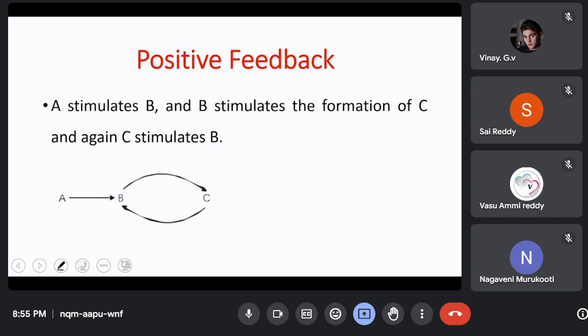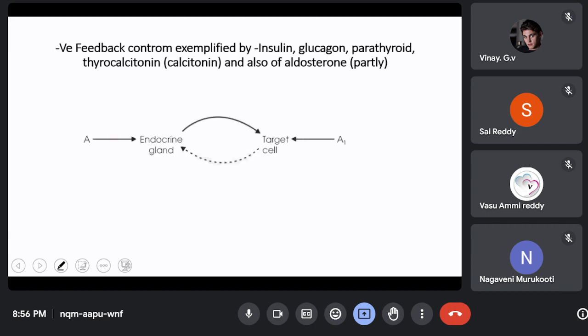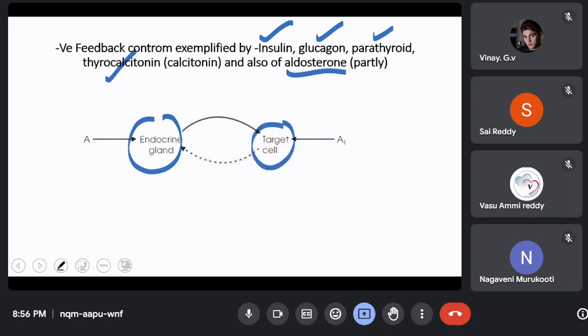Except this, all other hormones are said to be controlled by negative feedback mechanism only. And negative feedback mechanism we can exemplify: insulin, glucagon, parathyroid, just have discussed thyrocalcitonin, okay, and partly aldosterone also, where endocrine gland stimulates target cell, so that this secretes a hormone which stimulates the target cell.